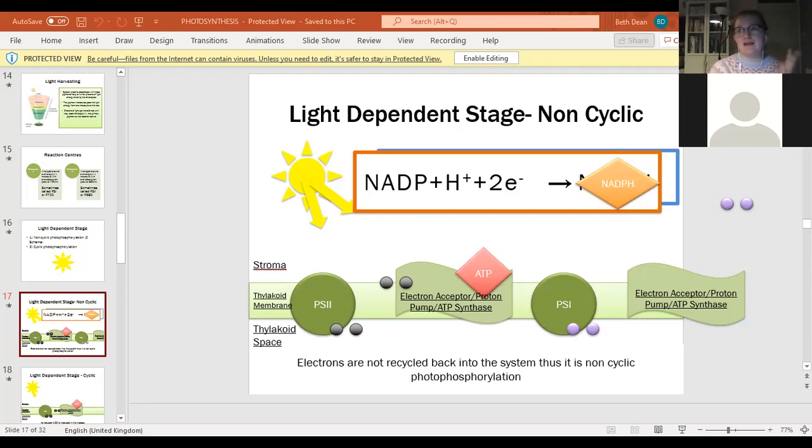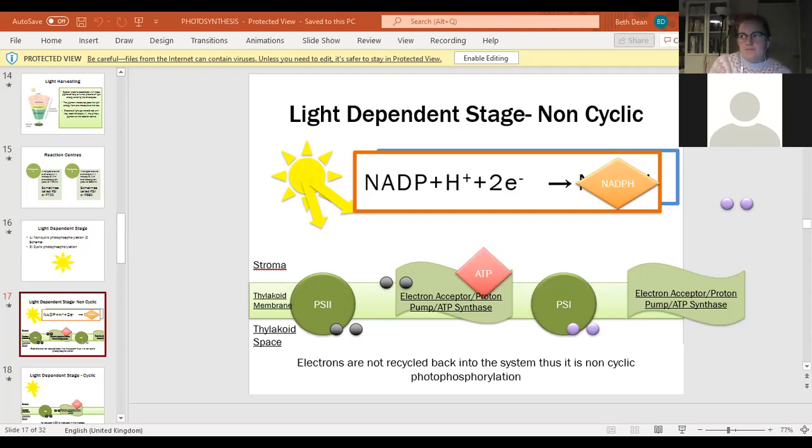Those NADP, ADP, and inorganic phosphates, when they join, make ATP or reduced NADP. Where do they come from? They've come from the light independent reaction. Products of the light independent reaction that are then used in other processes are that triose phosphate. Like we said, that's used to build complex carbohydrates, amino acids, and lipids, so things like glucose to start off with.